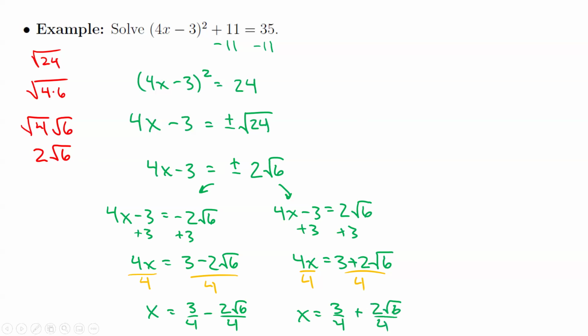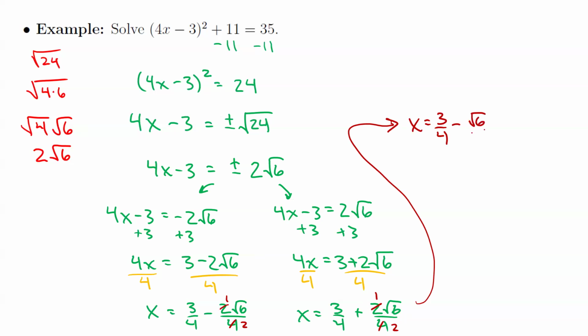Although you can see now that I've broken it up into separate fractions, there's a little bit more work to do, because if I divide by 2 on top and bottom, that fraction reduces. So my final answer here: x equals 3/4 minus the square root of 6 over 2, and x is equal to 3/4 plus the square root of 6 over 2.